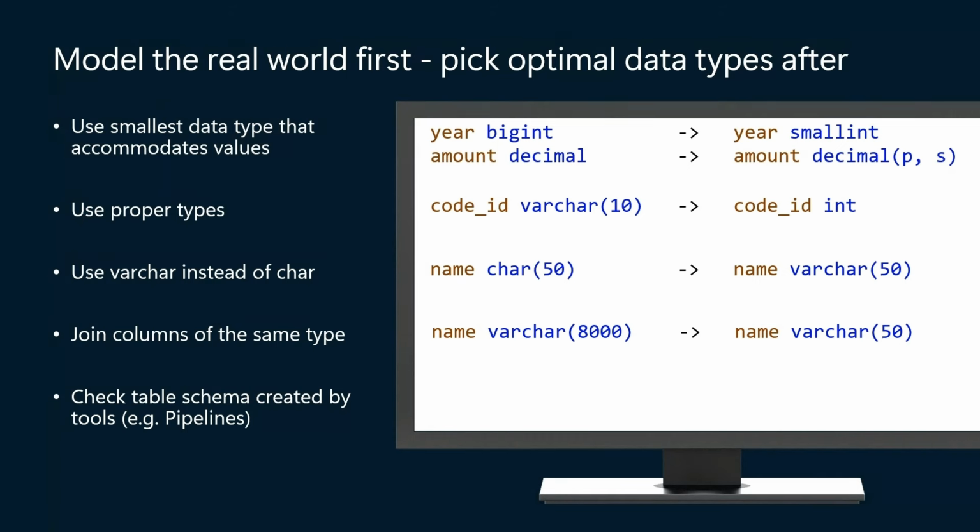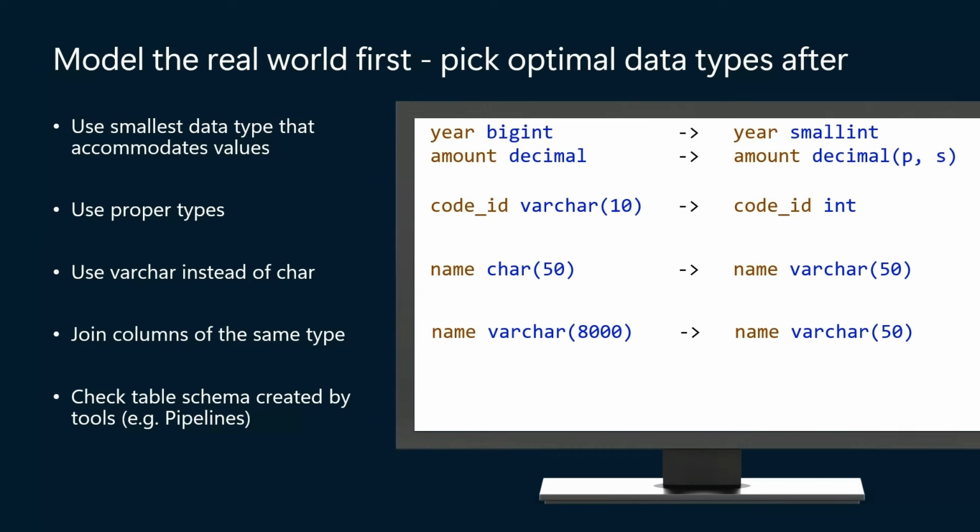If you're using decimals, you should specify precision and scale that accommodate your values. Use proper data types. For example, if you know that datetimes will be stored, use a datetime column. Do not use a character column and then store a date and a time there in a string format. If you know that your column will not have characters, well, don't use a character column, use integers, for example.